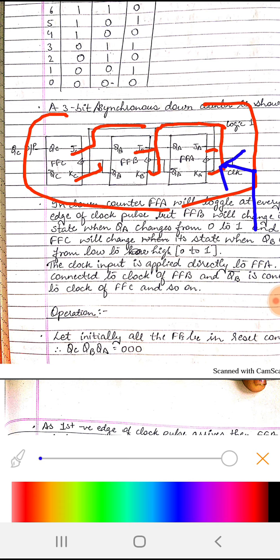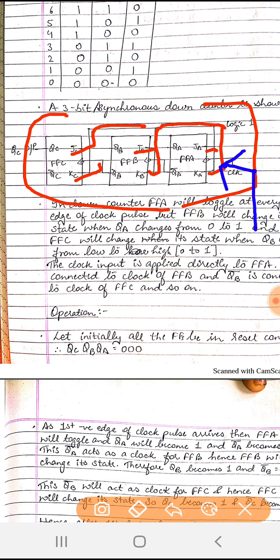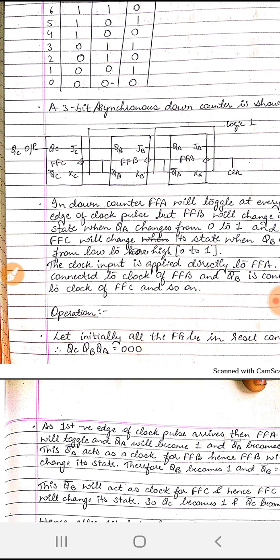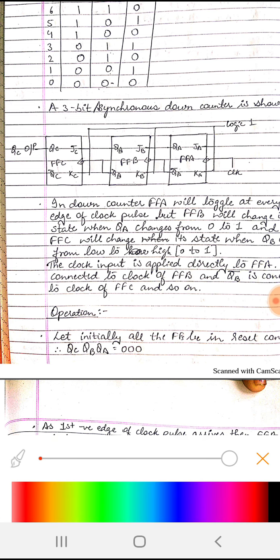So where is the change? The change is in the intermediate clocks, which are generated by one flip-flop and fed to the clock of the second flip-flop. So here we can see in the picture, we are providing this clock from the complemented output, while in the up counter we were providing this clock from the true output, that is, the uncomplemented form.